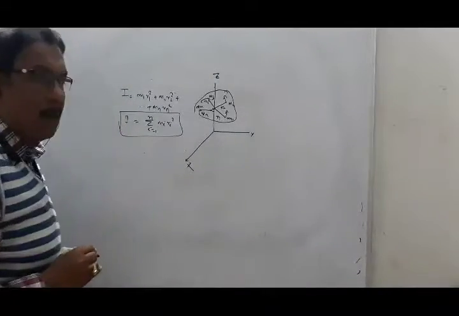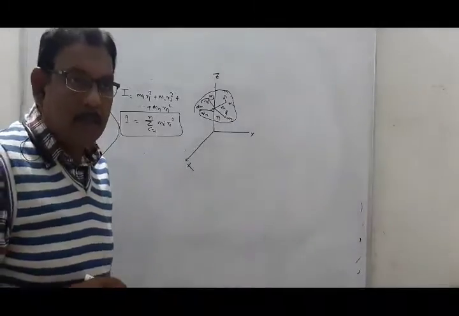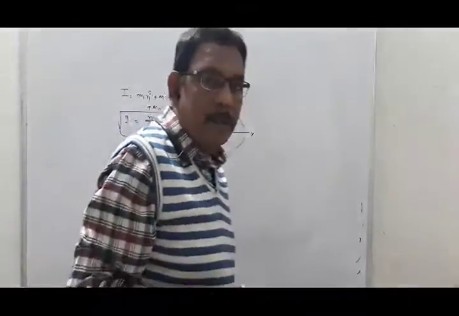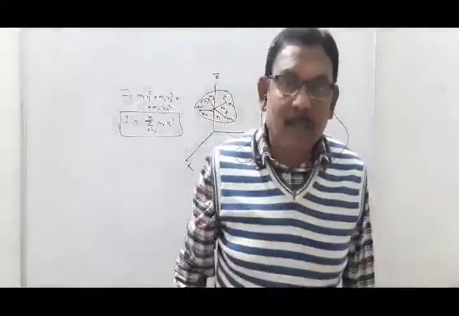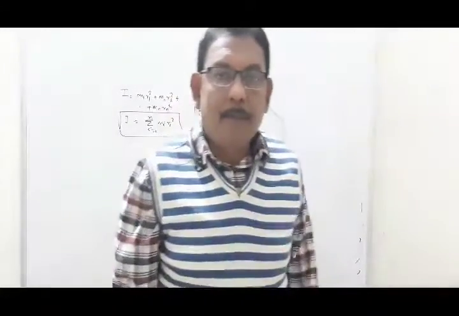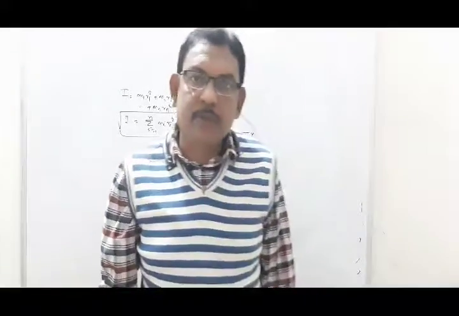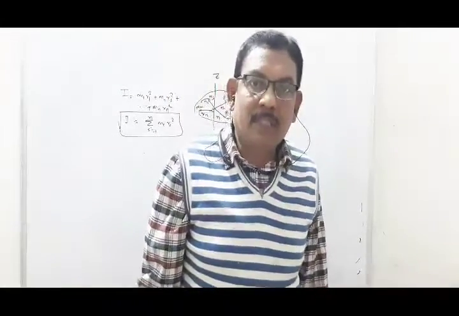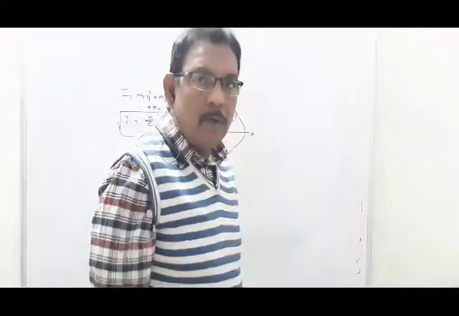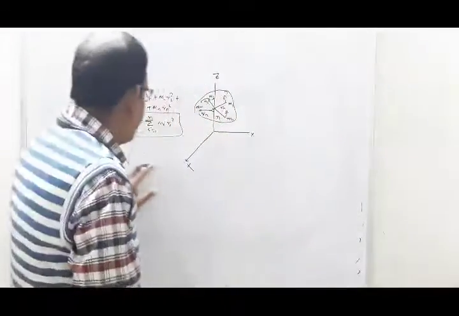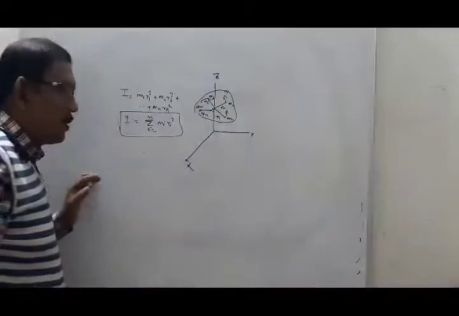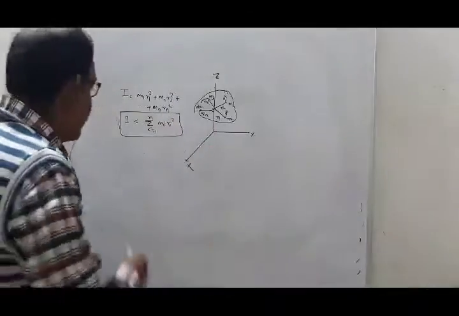How do we define the moment of inertia about an axis? The moment of inertia of a rigid body about an axis is defined as the sum of the product of mass and square of the distance of each particle that constitutes the body from the axis of rotation. It is equal to mr square.